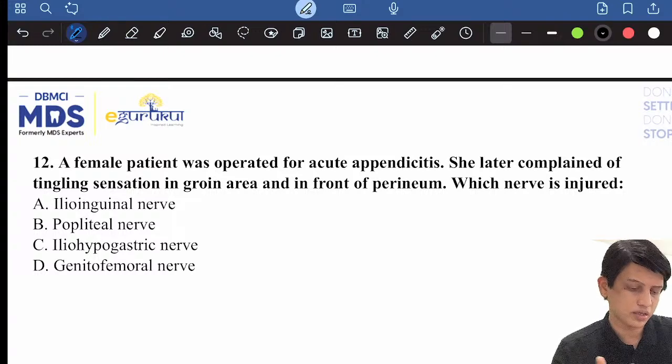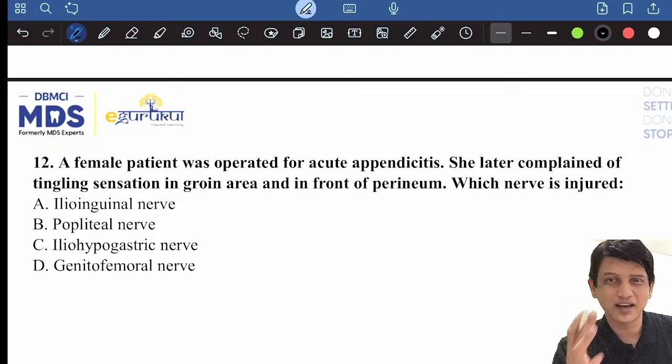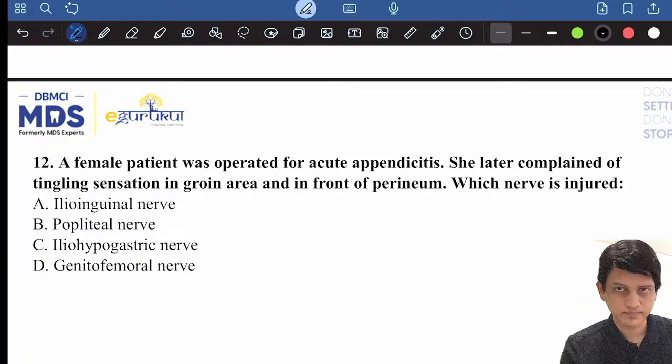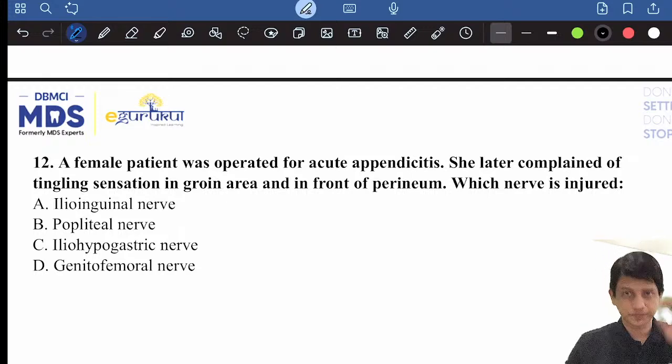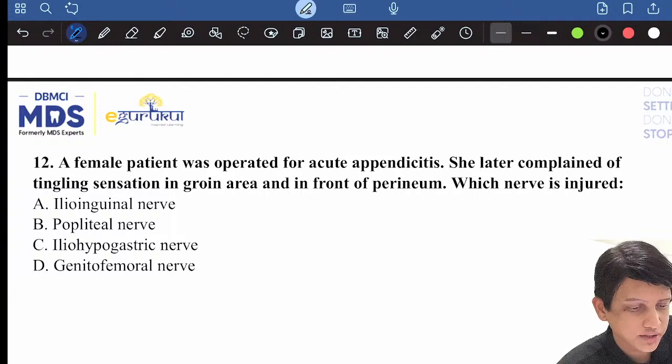Anyway, if you have a little bit of idea about the anatomy, you can answer this. Is it the ilioinguinal nerve, popliteal nerve, iliohypogastric nerve, or genitofemoral nerve? Can somebody answer this? And I want to know how you answered also, not just the correct answer.